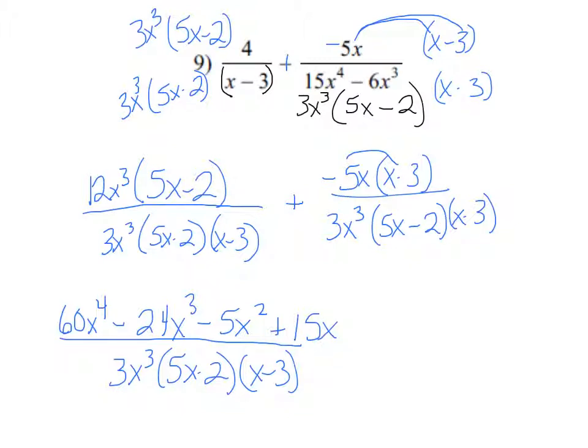All right, so if I look at that, I think I got lucky there because there aren't any like terms to combine. They're already in decreasing order of the power. I would maybe look at pulling a GCF out of the numerator. Is there anything that I could pull out that would go into all of those? At first glance, I was thinking, oh, not with that 5 there, it's not. But they do all have an x. So I could pull out a GCF of an x.